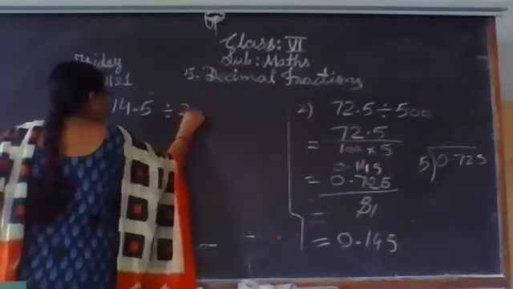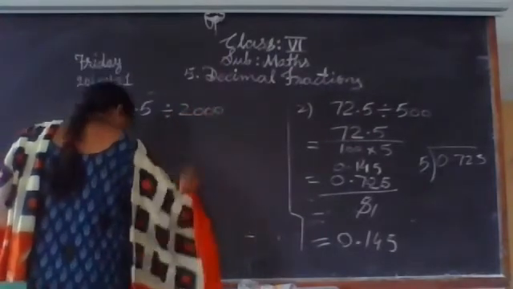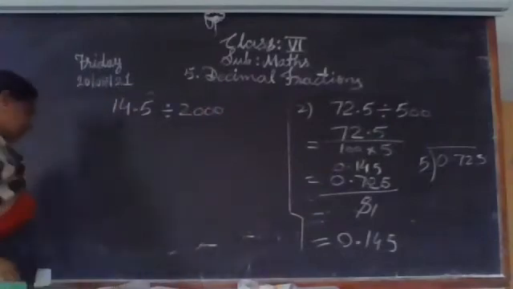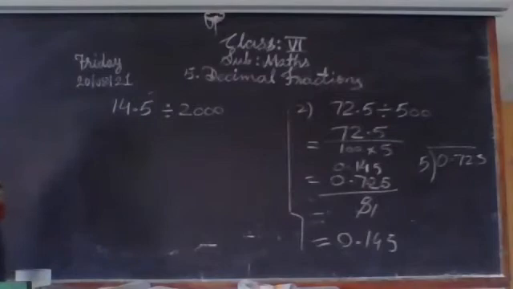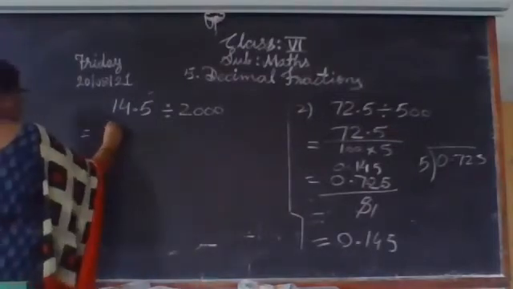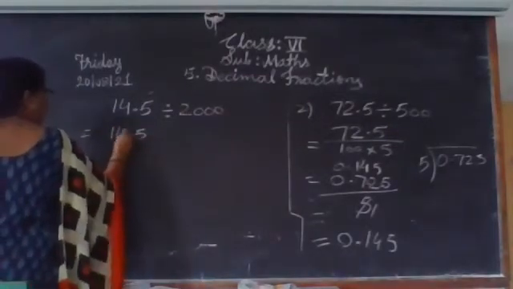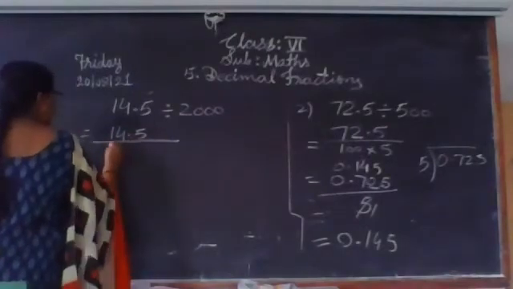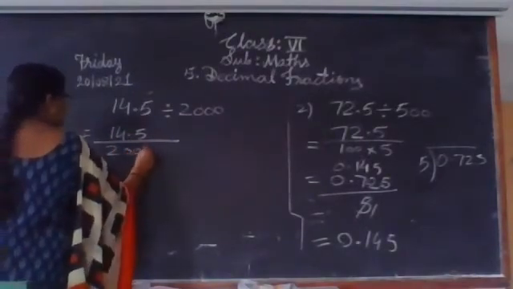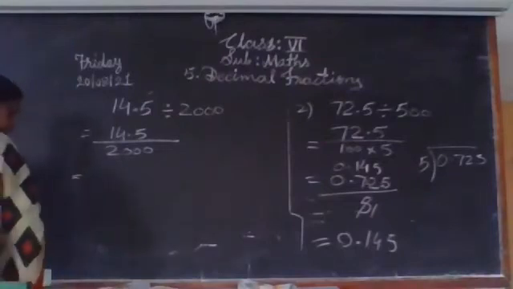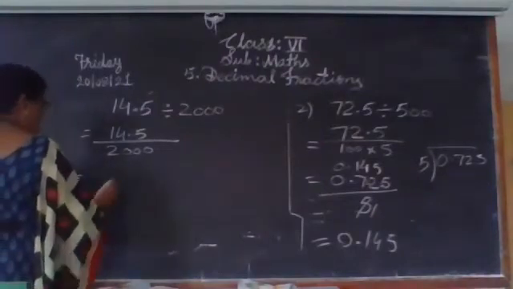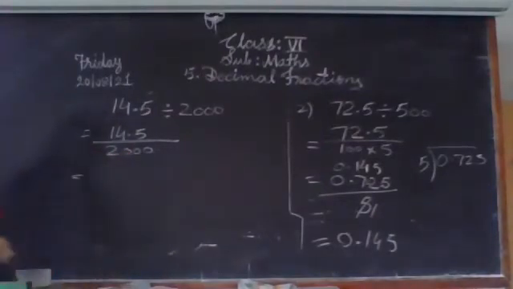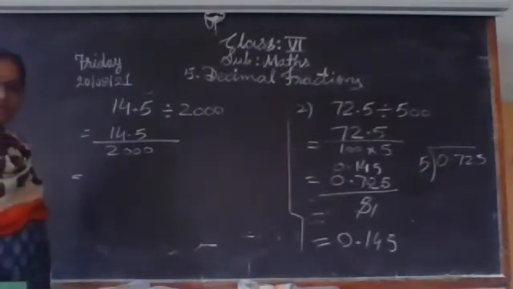Here you have to divide 14.5 by 2000. Okay, so we will break this 2000 as a multiple of 1000.